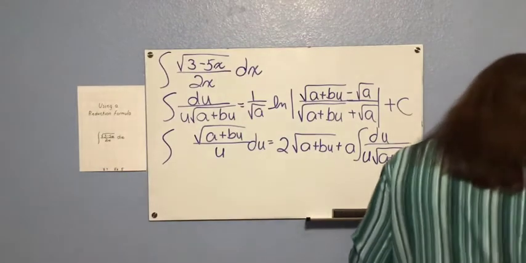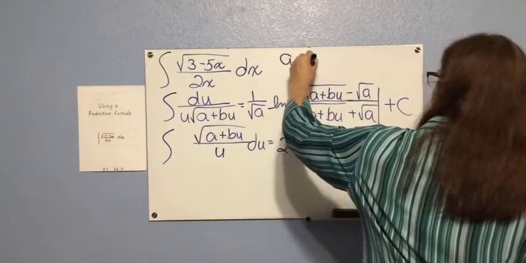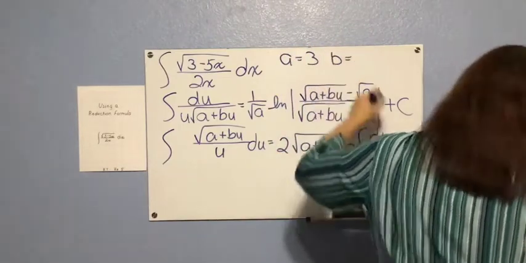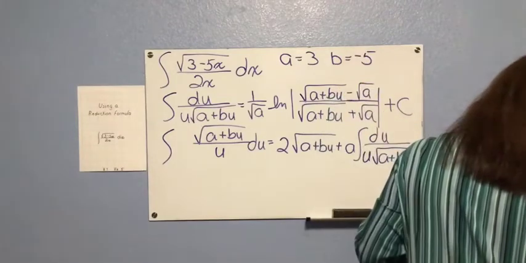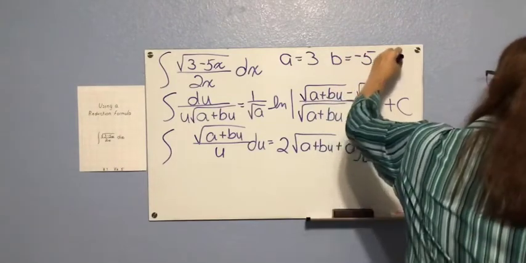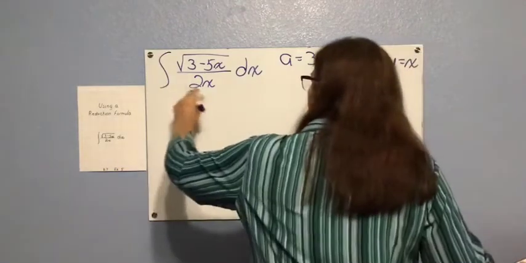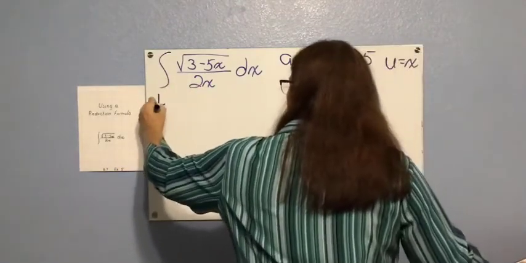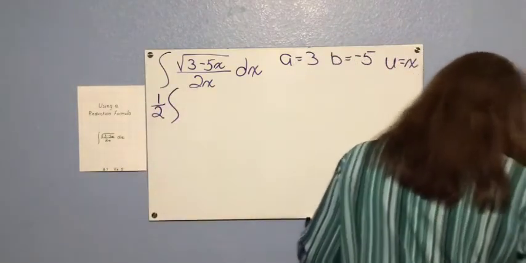Okay, so there's the two formulas that we want to use. And in this problem, a is equal to 3, b is equal to -5, and u equals x. So we're going to take this 2 out, so I have 1/2 of the integral.